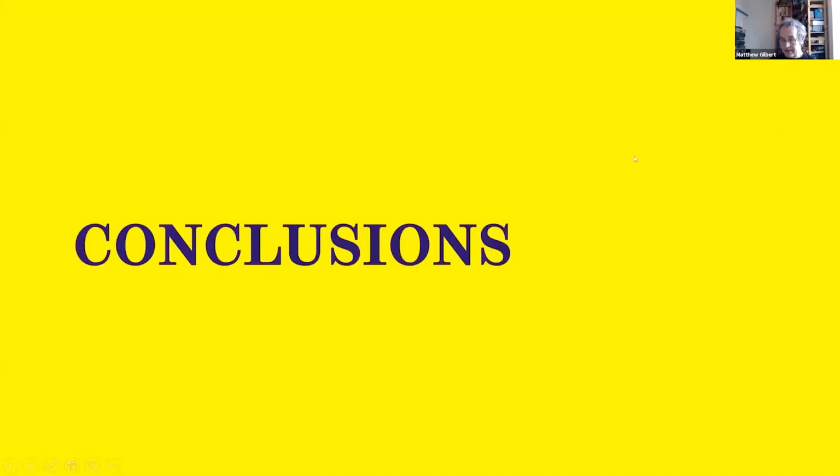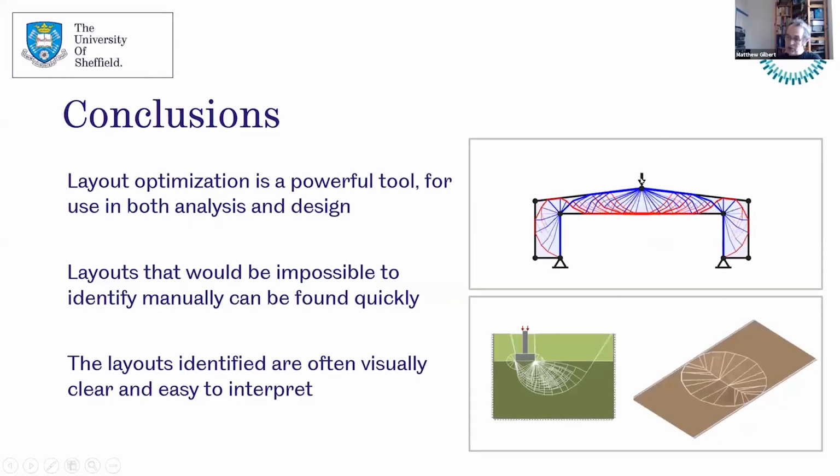And I think that's sort of a quick tour of recent work in the field of layout optimization. My conclusions, and yeah, I'm biased, is that it's a powerful tool for use in both analysis and design.